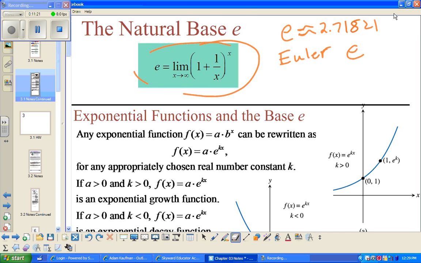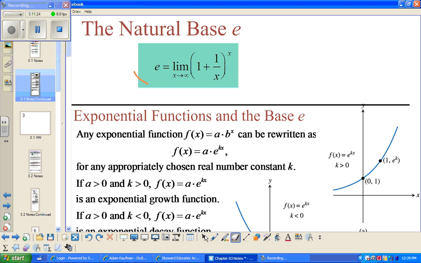Well, e is used quite often with exponential functions. We can take the exponential function a times b to the x, and that can be rewritten as a times e to the k times x, where k is some real number constant.